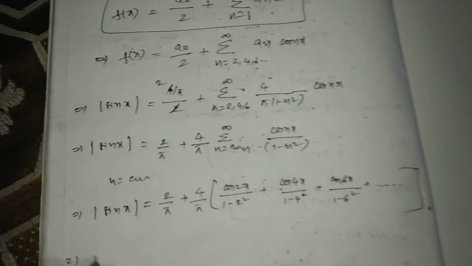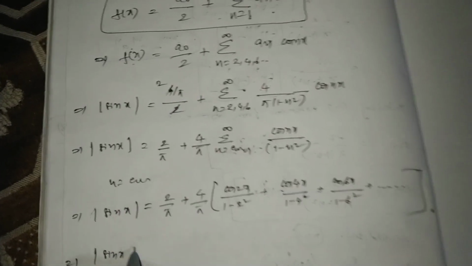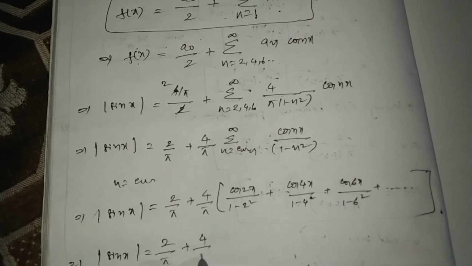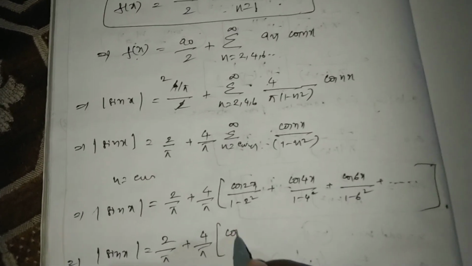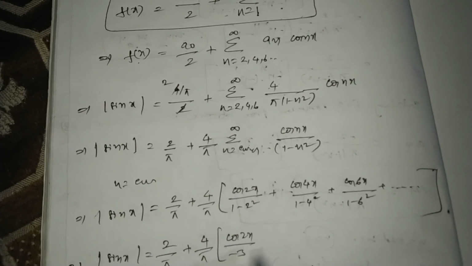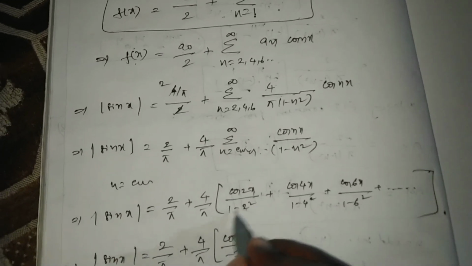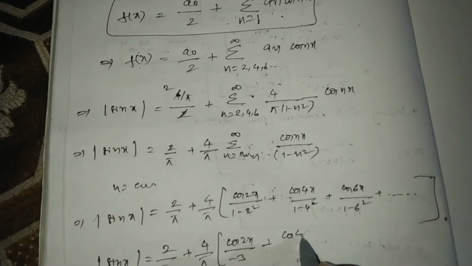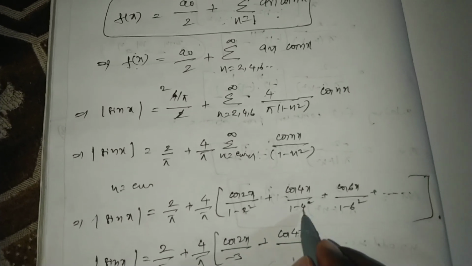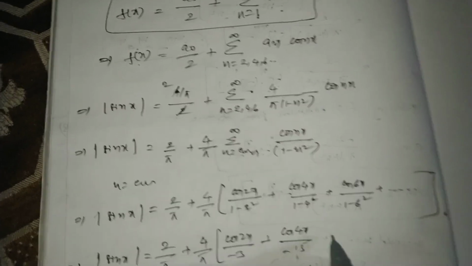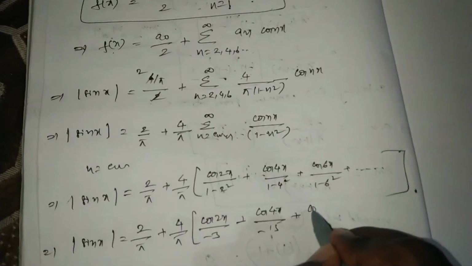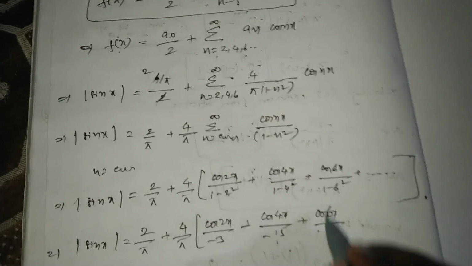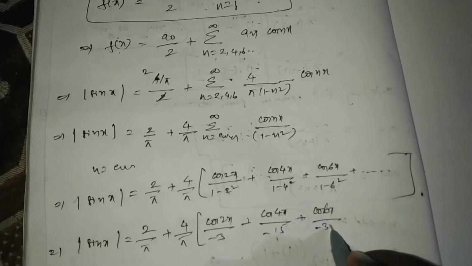That is mod sin x is equal to 2 by pi plus 4 by pi whole into cos 2x by negative 3, since 1 minus 4 is negative 3, plus cos 4x by 1 minus 16, which is minus 15, plus cos 6x upon 1 minus 36, which is minus 35, plus so on.